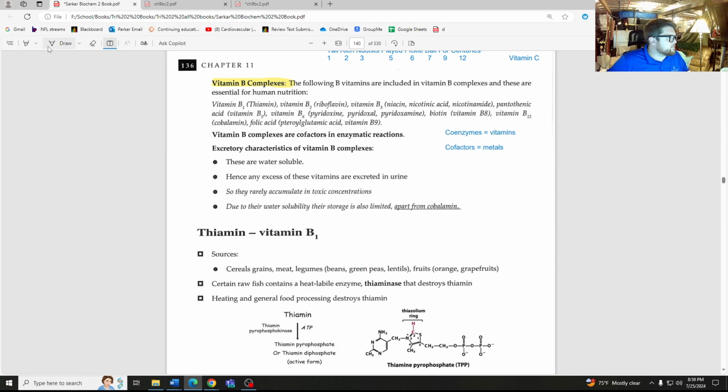I think that just like the pure definition versus biochemical definition were kind of mixed up here. So in most cases, if you have to choose between saying cofactor or coenzyme, pick coenzyme, because vitamins are coenzymes more often than they are what we would call cofactors based on the definition stuff. So just a little typo there.